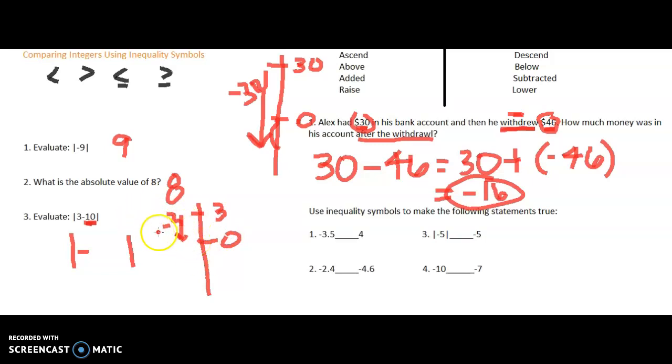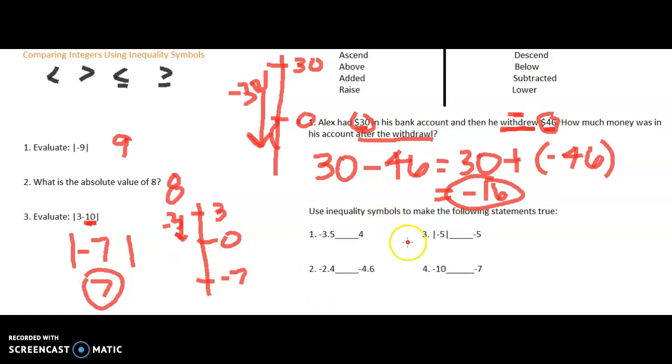And then whatever's left over is how far negative we are. So 10 minus those 3 spaces means that we have -7 left over. So now we're going to go ahead and take the absolute value of that -7. And -7 is 7 spaces from 0, so our final answer is 7.